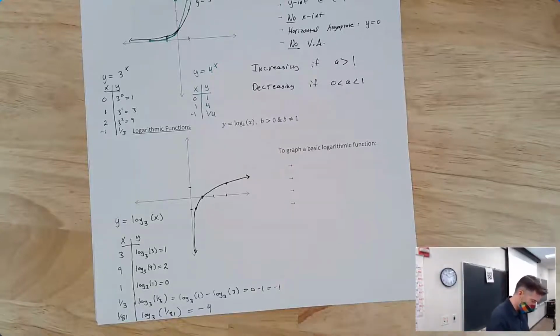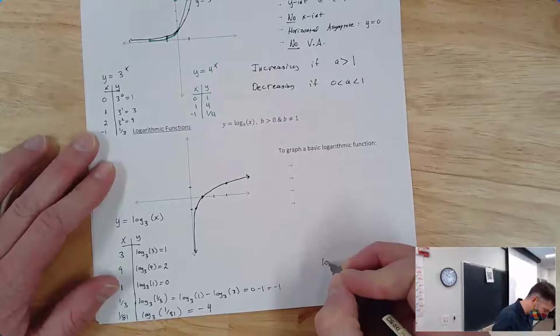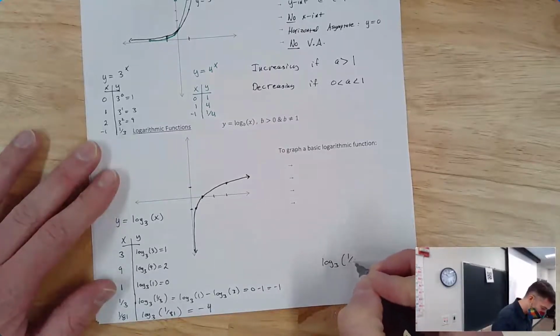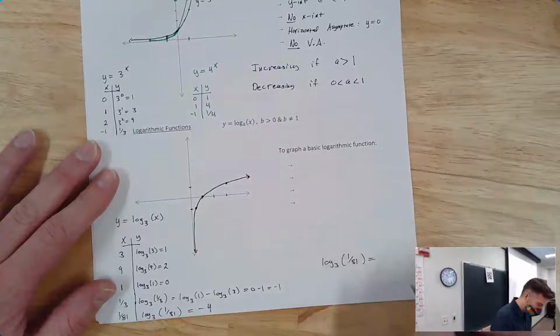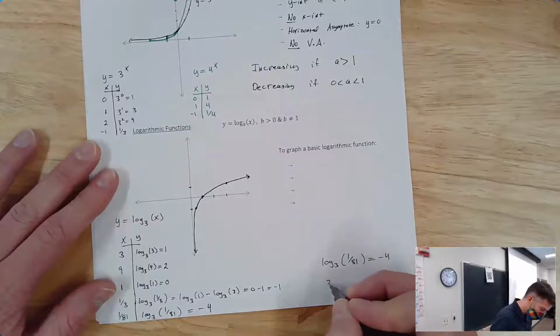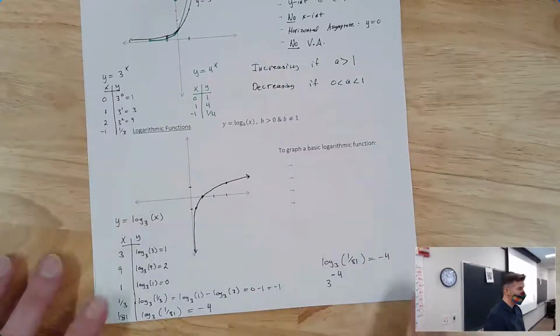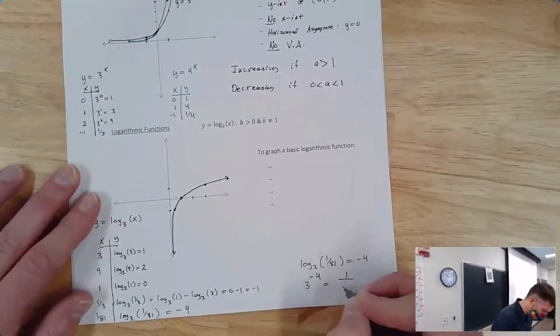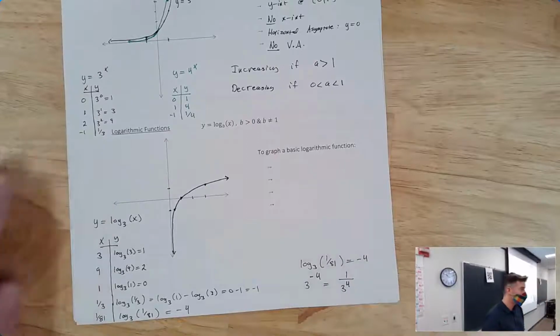That's a good question. So why is log base 3 of 1/81 equal to -4? Well, one way we can say it is because of this base to that power. If I want to find 3 to the -4th, the first thing I usually do is rewrite it as 1 over 3 to the +4th.